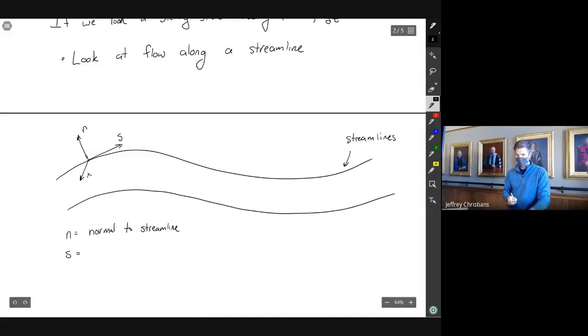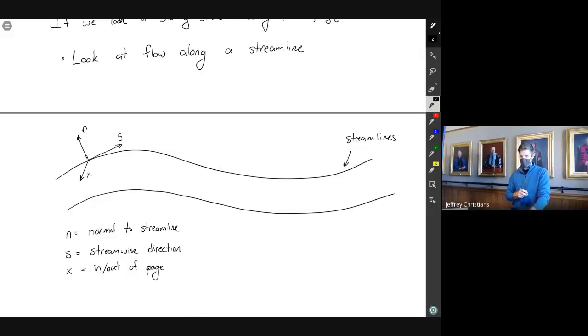S is the streamline direction, or the streamwise direction. X is in and out of the page.